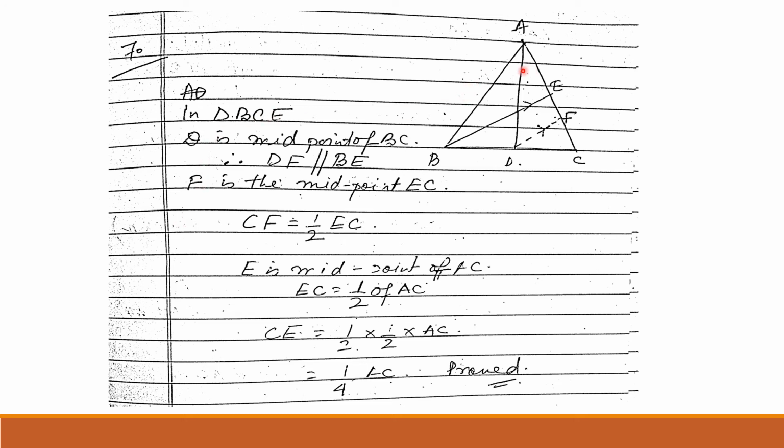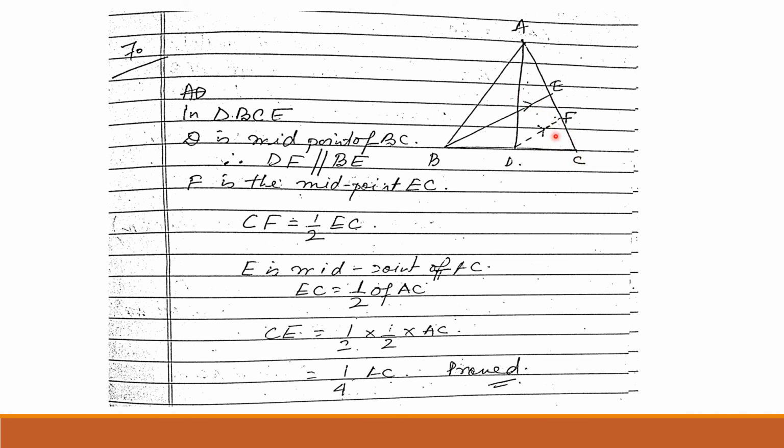If we see triangle BCE first, D is the midpoint of the line segment BC, F is the midpoint of the side EC, and DF will be parallel to the side BE, that is, DF is equal to half of BE. Now CF is half of the side EC because F is the midpoint of the side EC.